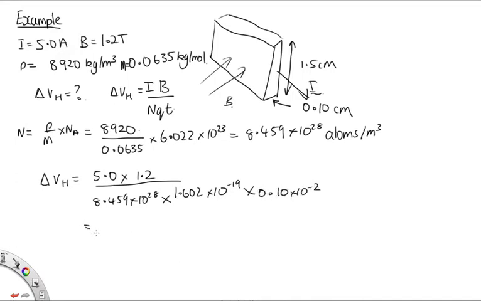And then solving that on the calculator, we end up with 4.4 times 10 to the minus 7 volts, which we could write if we wanted 0.44 microvolts. So a very small potential difference and a very large magnetic field. So these voltage differences are very small, but it is possible to measure them.